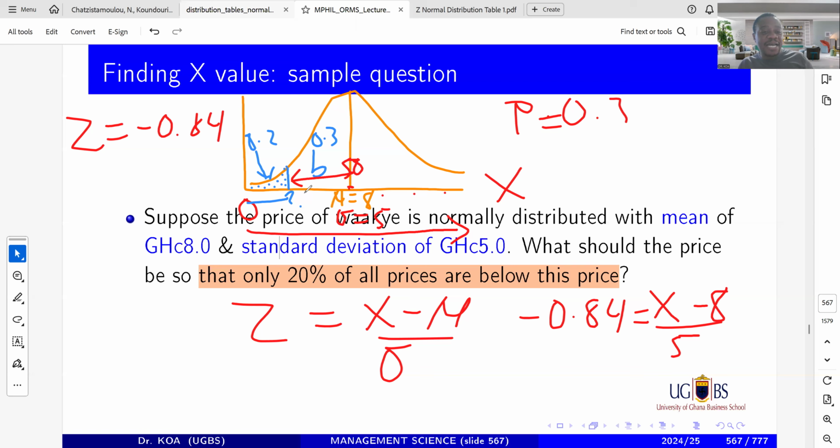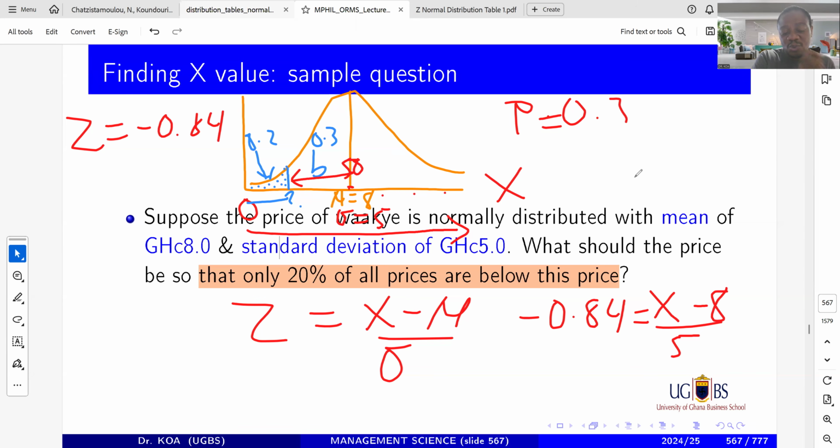Now, suppose instead of 20% of all the prices, it had said, what should the price be so that 40% of all prices are below this price?